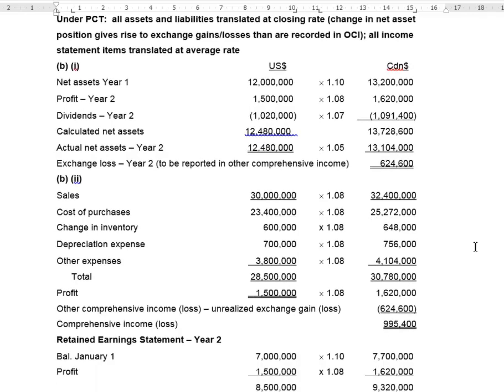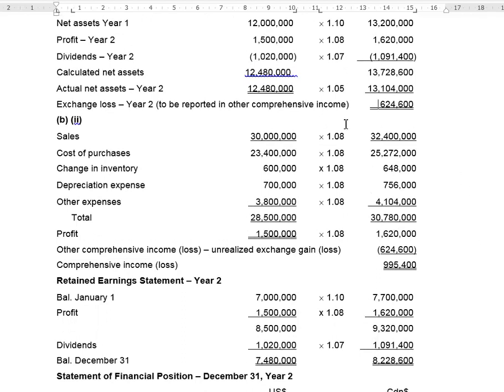But first of all, let's translate the income statement such that we can add OCI to it to get a statement of comprehensive income finalized. So we have our sales, our purchases, our change in inventory, which is part of cost of goods sold, but don't forget, all income statement items, even the change in inventory, are translated at the average rate. So we don't have to be as fussy here as we were when we did the FCT method.